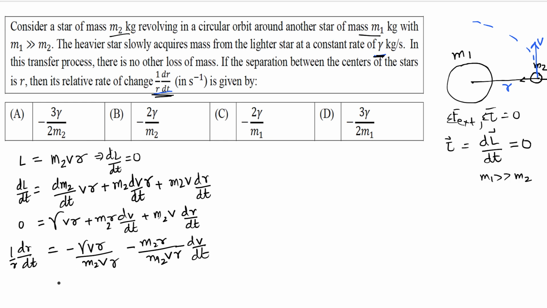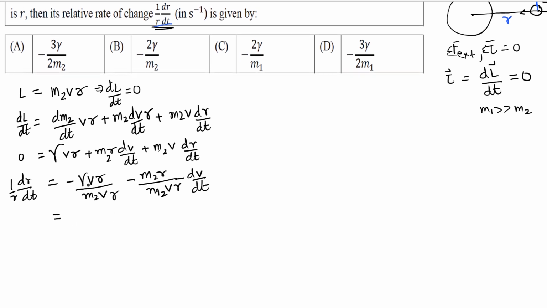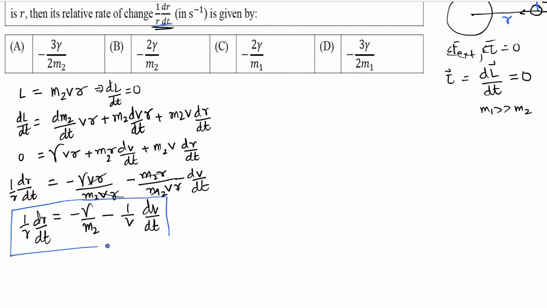Which is equal to, v r will cancel out in these two, and m2 r will also cancel out. So this will be just minus gamma by m2 minus 1 by v dv by dt. This is my expression for dr by dt. Let's just simply box this one. So this is equation 1.